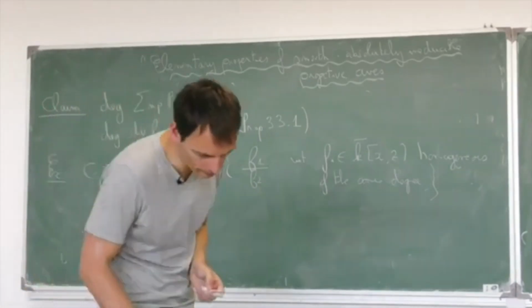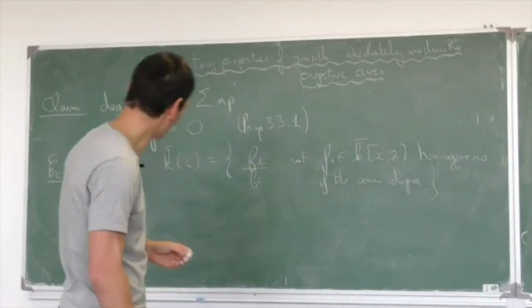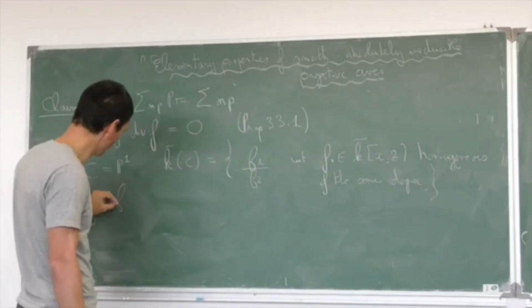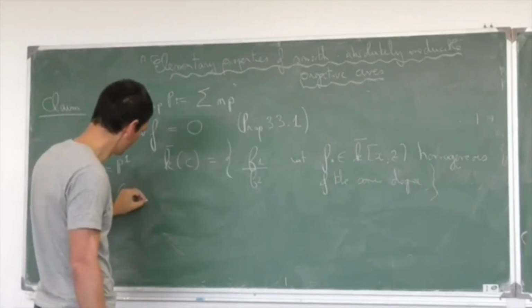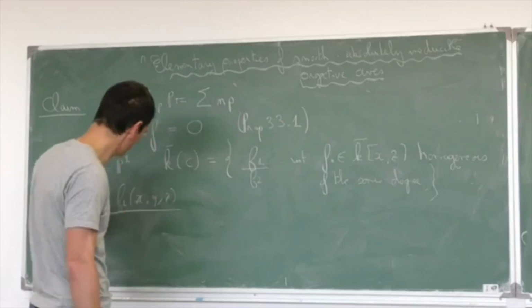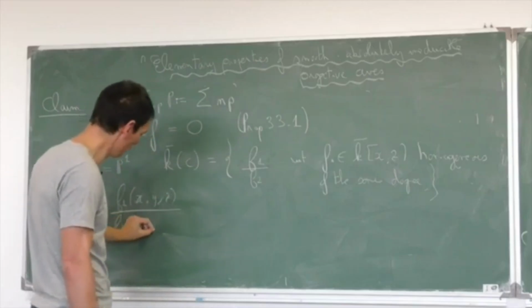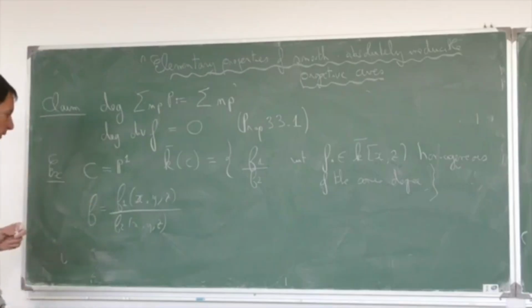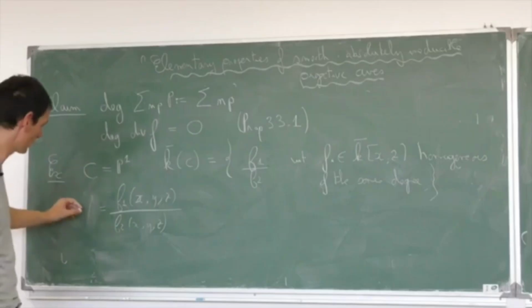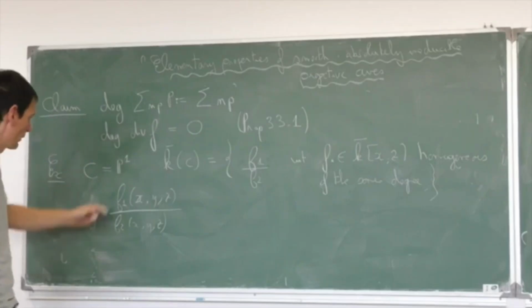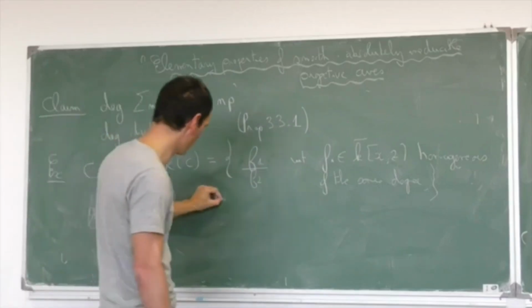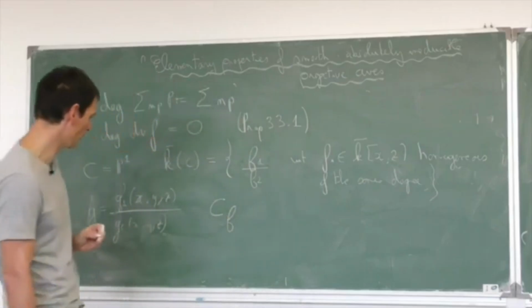The same can be done for a plane curve. In that case, your function f, you are going to express it now as a quotient of two polynomials in three variables, but again homogeneous of the same degree. Maybe it's not a good idea, maybe I should call it G, because my plane curve is going to be the curve Cf. Okay?